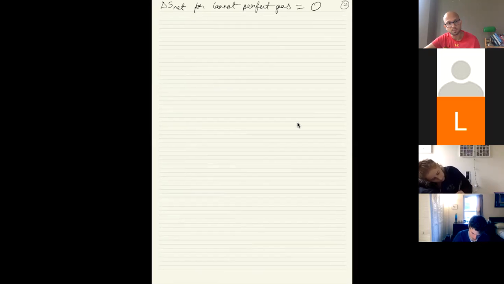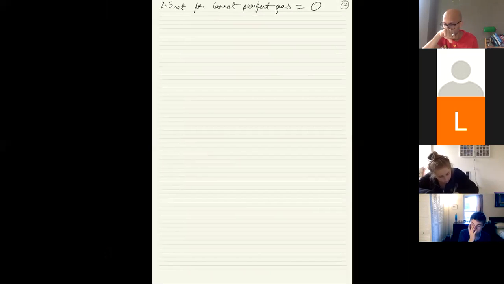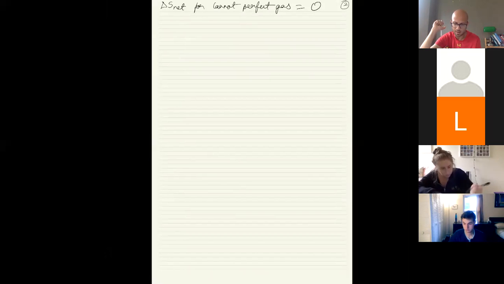So that's the first part. Now we have k is equal to CV by nR, but I don't care for this problem. It's some constant. But we didn't use it, so I just ignored it. So we just showed delta S Carnot perfect gas is equal to 0.